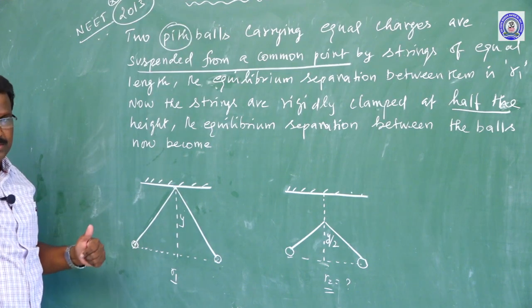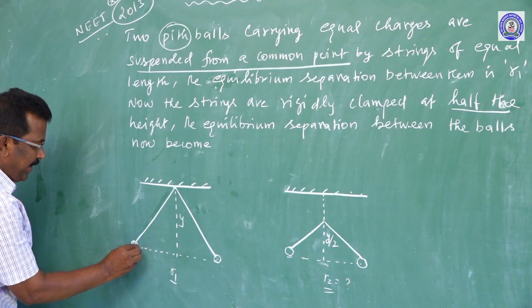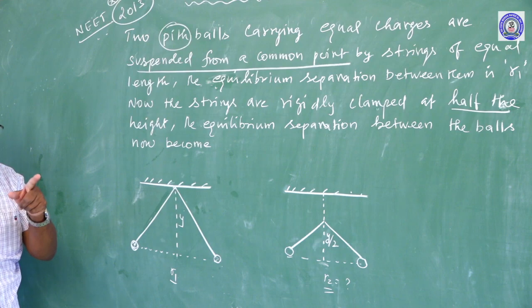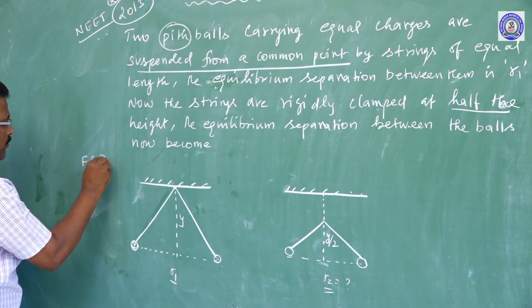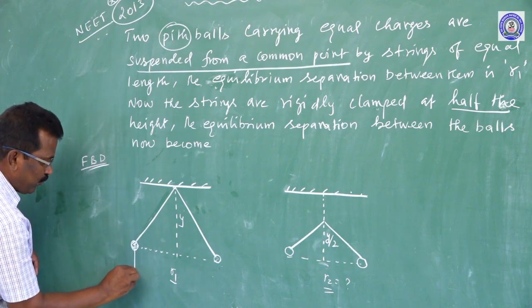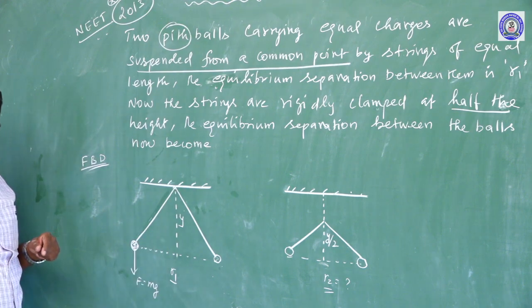Okay, let's start. Two pith balls. Once again, apply the FBD and Newton's second law. Free body diagram. In this pith ball, the force F equal to mg acts in the downward direction.